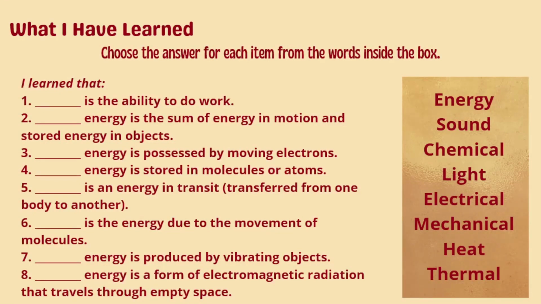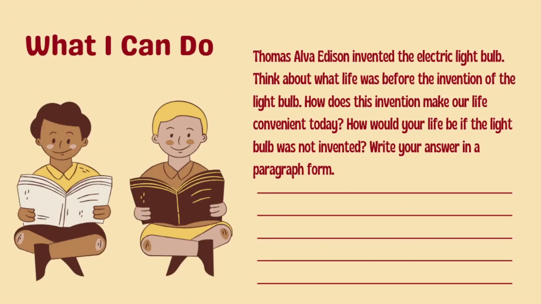But this is not yet the end of our lesson, because in the next activity, you're going to share how much you value the topic or the lesson that we've learned today. Are you ready? Okay, let's go. What I can do. Thomas Alva Edison invented the electric light bulb.